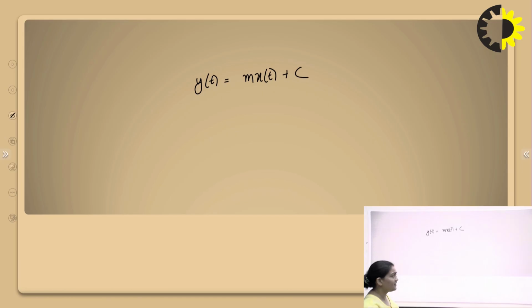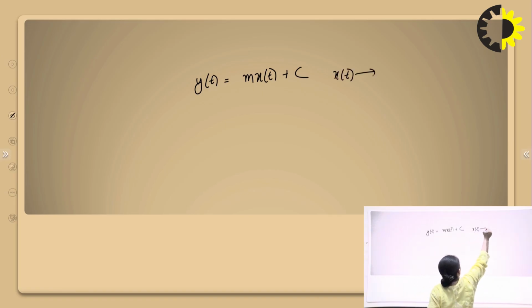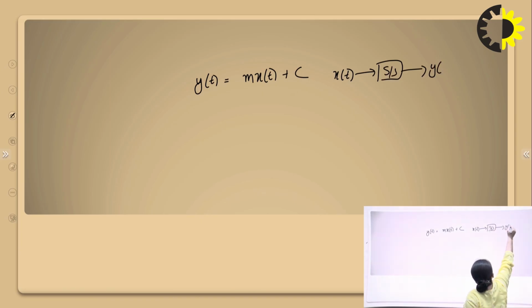Let's see. If x(t) is given to a system, we get y(t), and y(t) equals m of x(t) plus c.